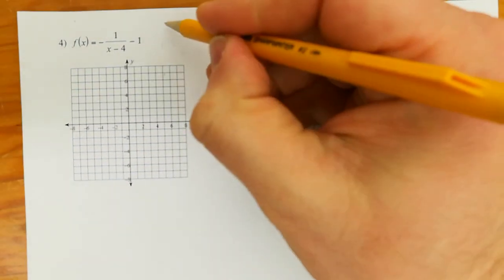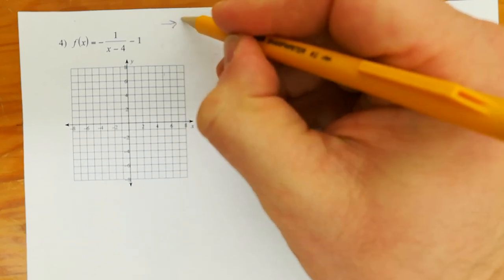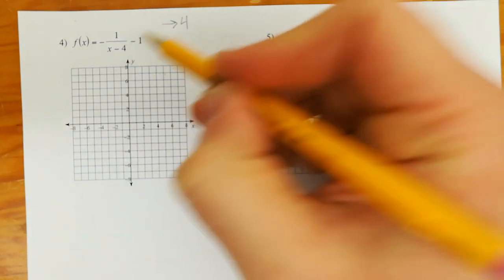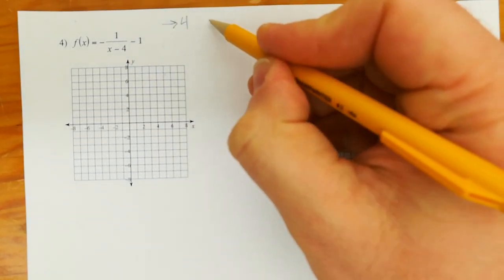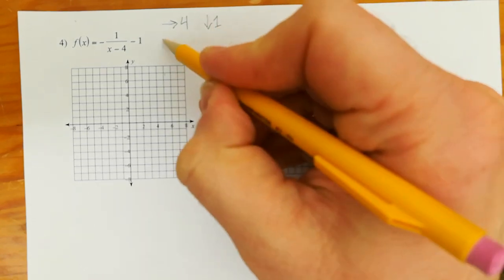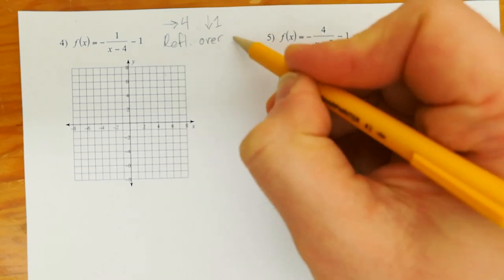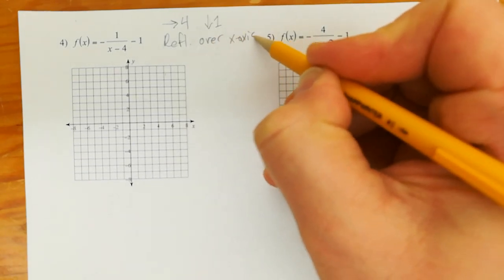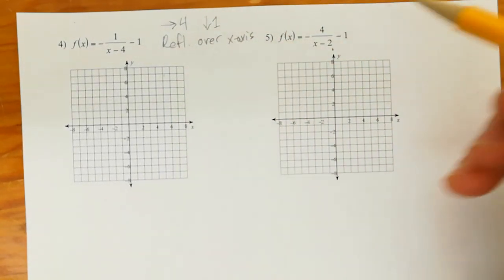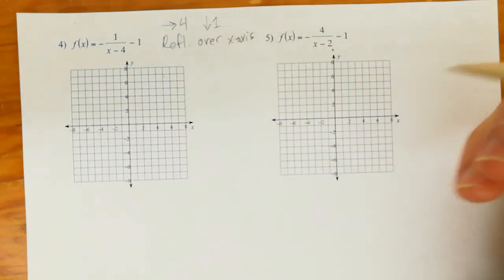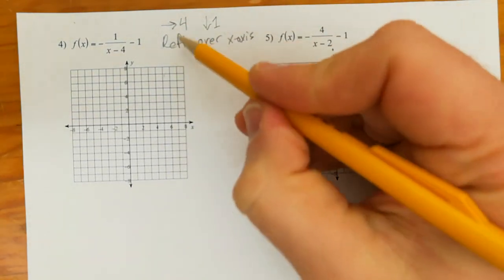So this one we have, we go right 4 and then down 1. And then this time we have a reflection over the x-axis. Okay, so we need to shift those asymptotes from the parent function by these amounts.